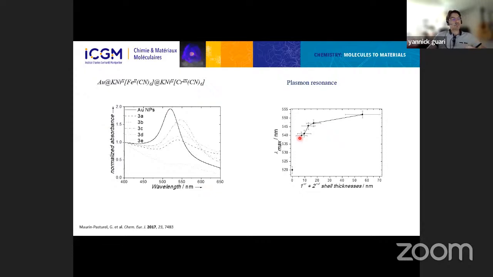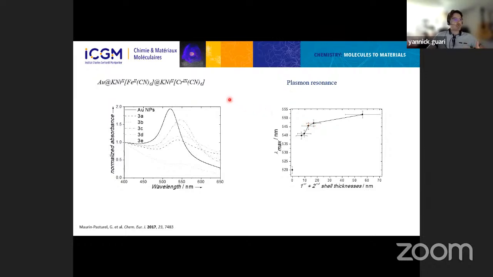This can be due to the change of the refractive index of the shell relative to that of water and the presence of a saturation beyond a shell thickness of 15 nanometers caused by the scattering effect.